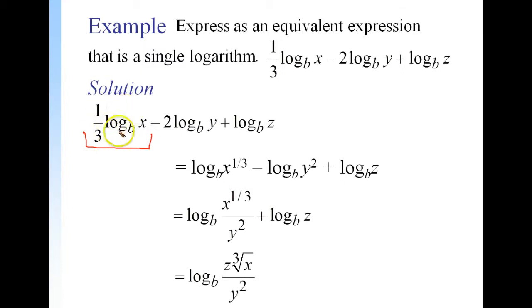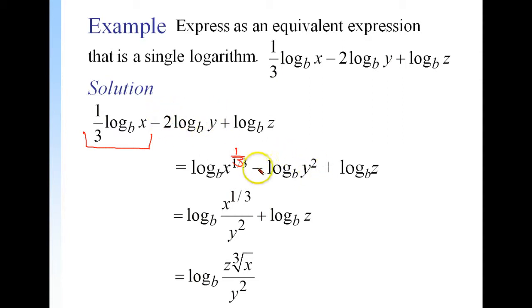Now I need to convert this 1/3 as an exponent of x, which I will make there as x to the 1/3. And this -2, I'm going to convert this 2 to an exponent of y. So this becomes our 2 there.